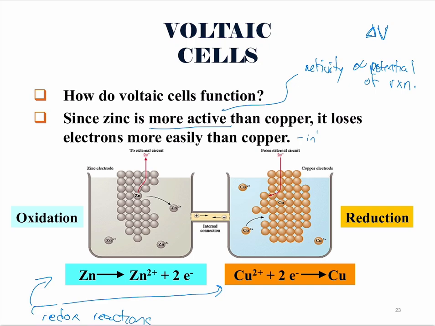So when we look at modifying redox reactions, when you're balancing your redox reactions, you look at the half reactions and you look at their standard potentials. And because these are inherent properties of the metal, we can define two types of variables in thermodynamics. One is going to be an extensive property of the system, and one is going to be an intensive property.